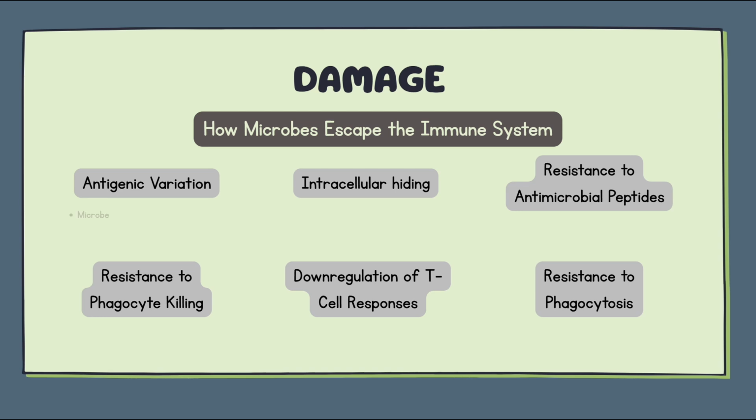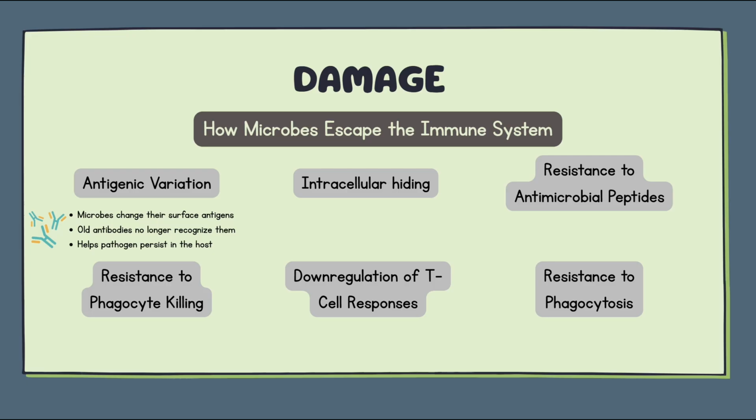In this process, microbes change the structure of their surface antigens. So old antibodies that the immune system recognized and could bind to before are no longer helpful, because the microbe changed its surface antigen. As a result, the pathogen is able to escape immune detection, even though the immune system has already produced antibodies against them, but they produced antibodies against the earlier form.